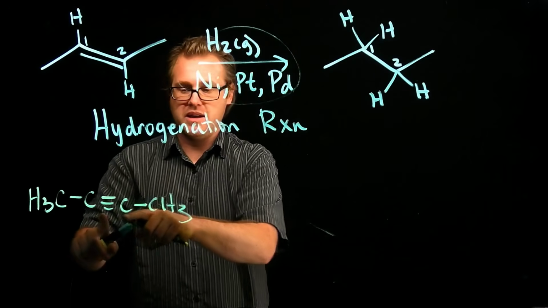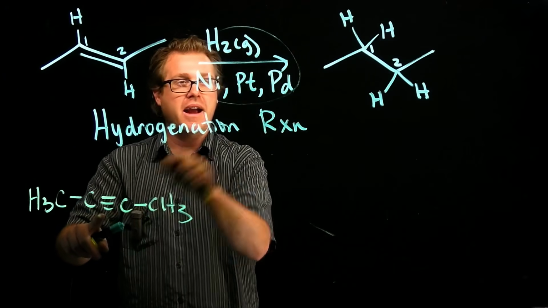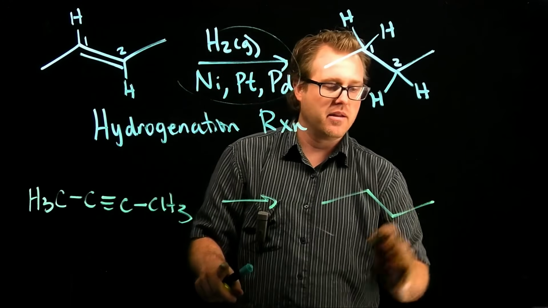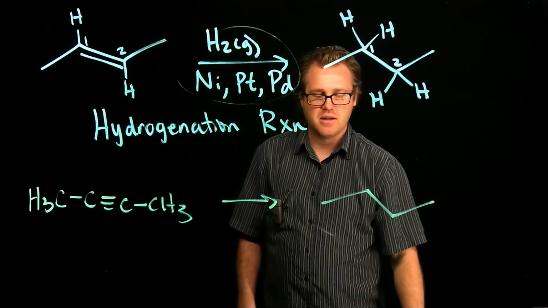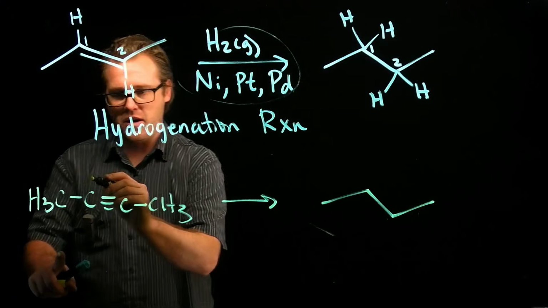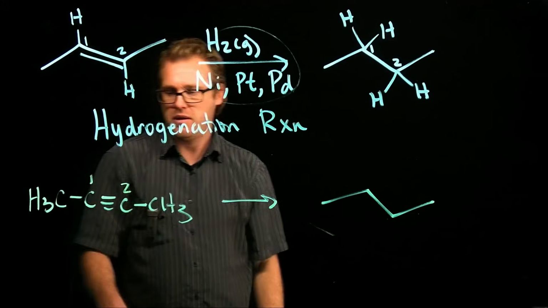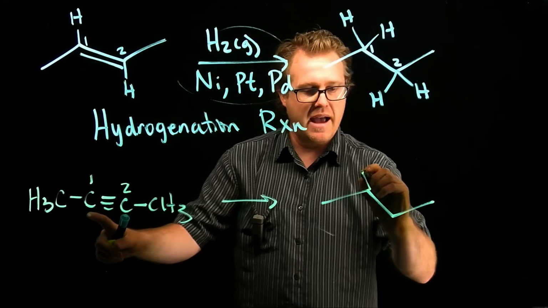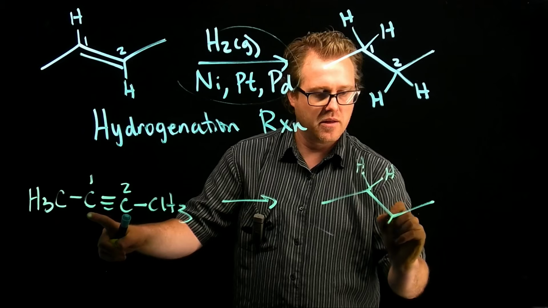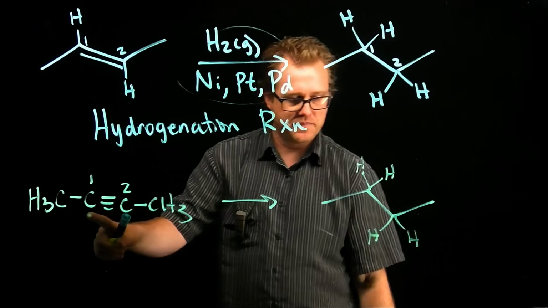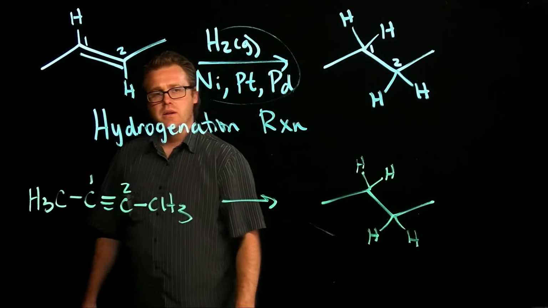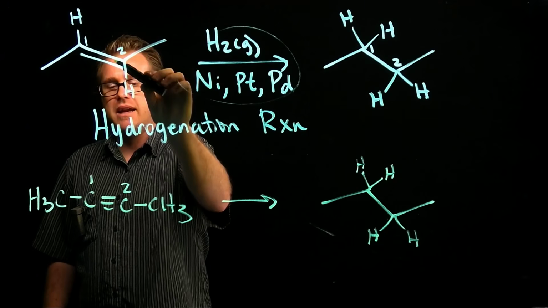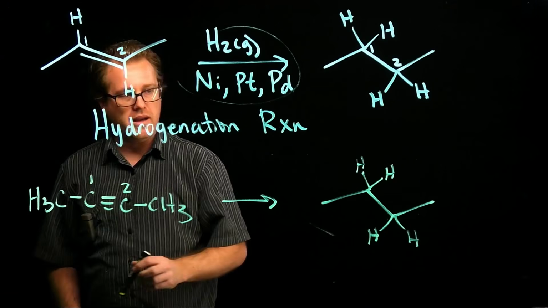And if we treat this terminal or internal alkyne with the same reagent, we're going to get the same exact product. But now what has happened, if we call that carbon 1 and that carbon 2, here they have 0 hydrogens, but now we've added 2 of them, like that. So we can hydrogenate an alkene or an alkyne.